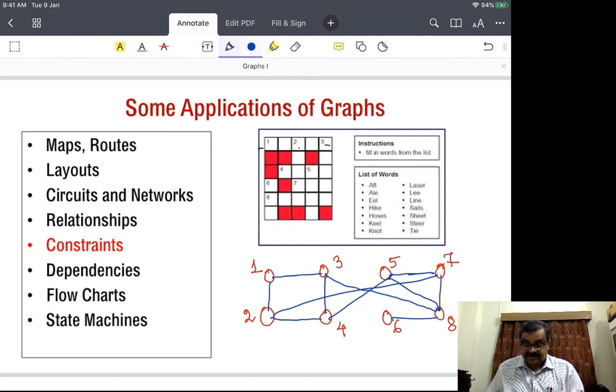And obviously 8 is there. So this is the graph where the nodes are the places of starting letters and the edges are the constraints. Now at every node, what are the possible words that can be put, and the constraints have to be satisfied. And this comes under a technique called constraint satisfaction problems.